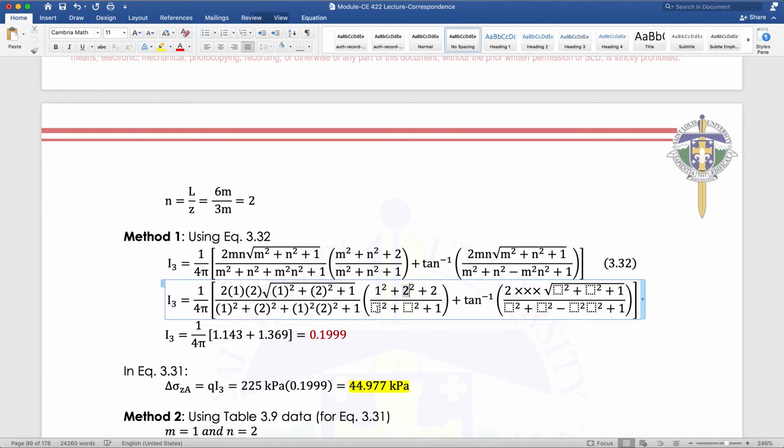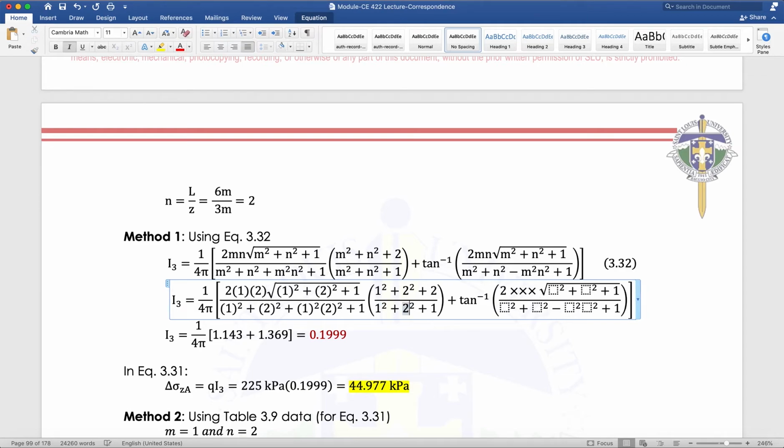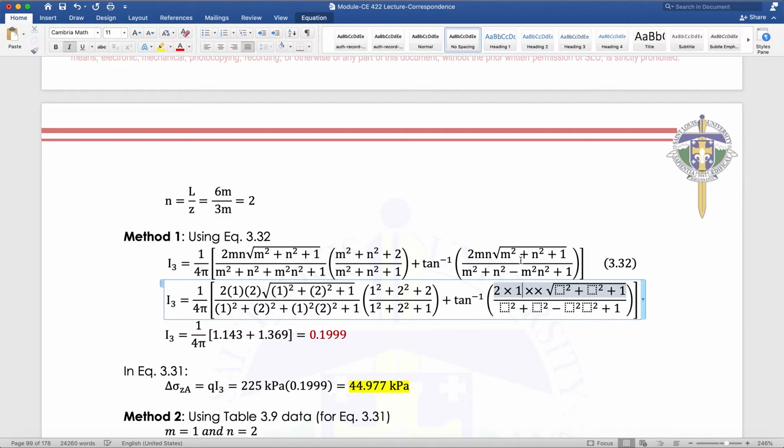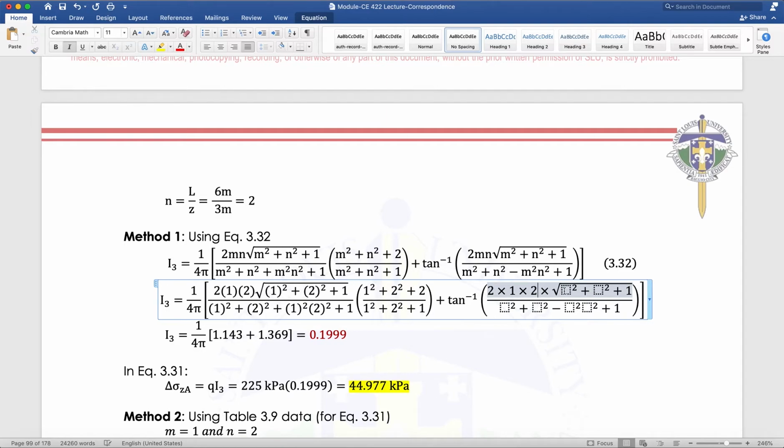Then same at the denominator, we have m1 plus 2 squared plus 1. Okay? Plus the second term, we have tangent times m, which is 1 times n. Then we have 1 squared, we have 2 squared.